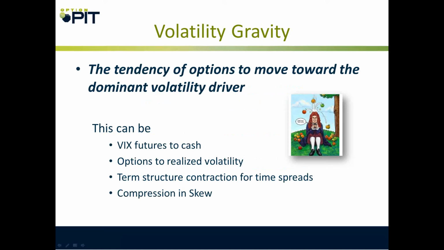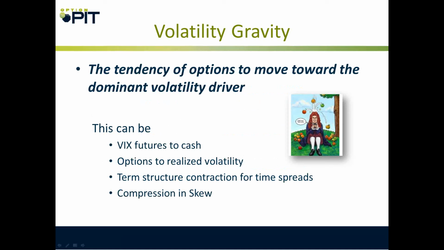These are all things that you want to understand depending on the kind of trade you want to put on. You could probably define a lot of vol movement broadly with these four categories. The VIX futures to the cash drives the vol products and the VIX options.